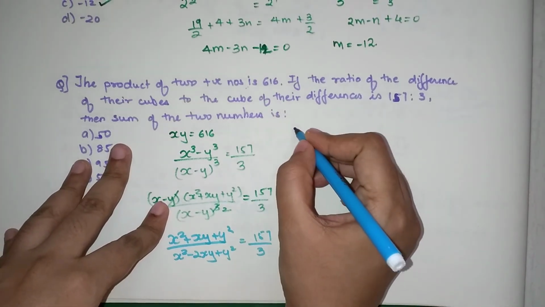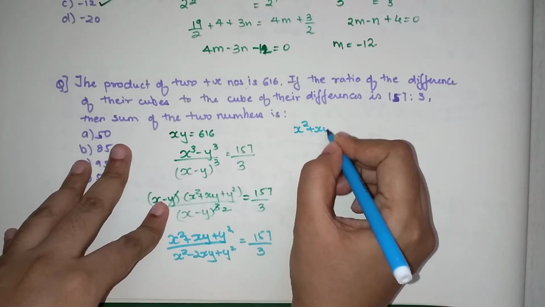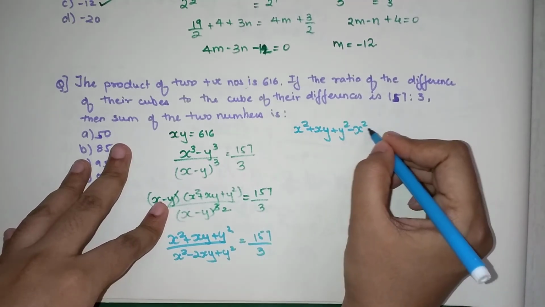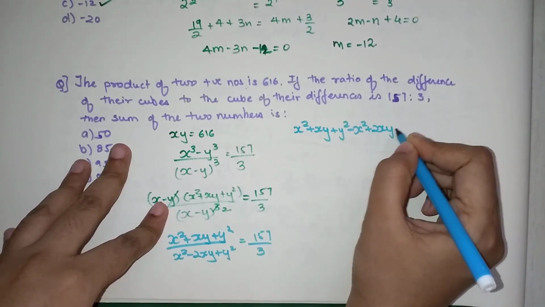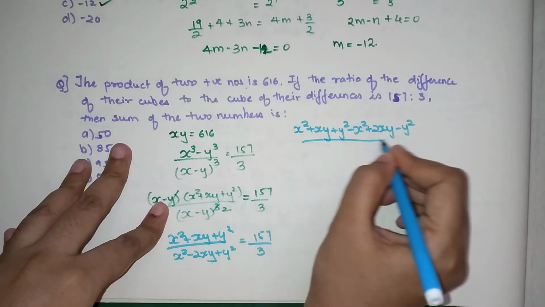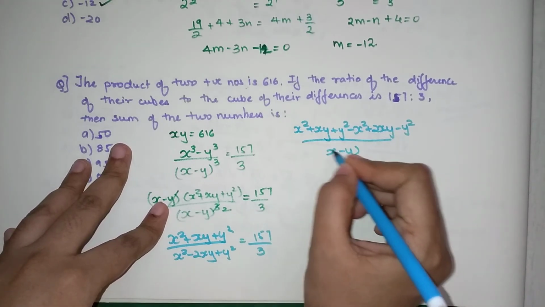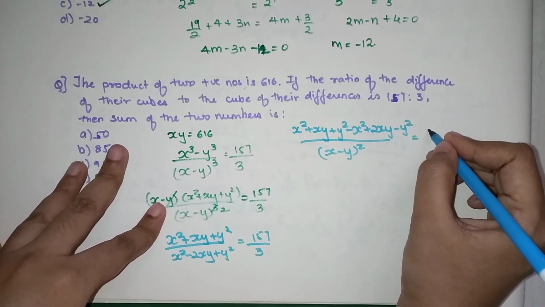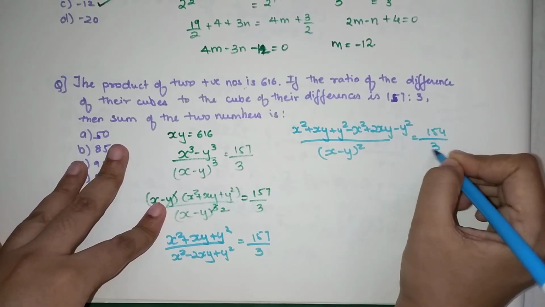So when I do that, I get x square plus xy plus y square, and I subtract the denominator, so I get x square plus xy plus y square minus x square plus 2xy minus y square upon, I will just keep this again in the same form. So I get 157 minus 3, which gets you 154 upon 3.